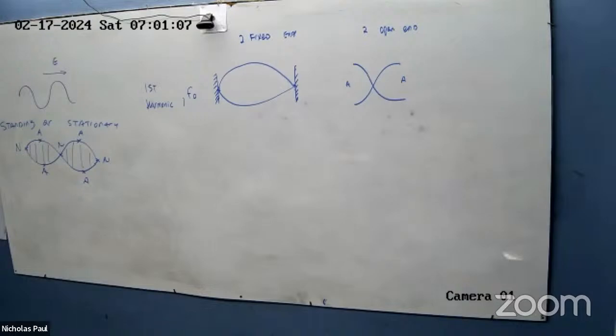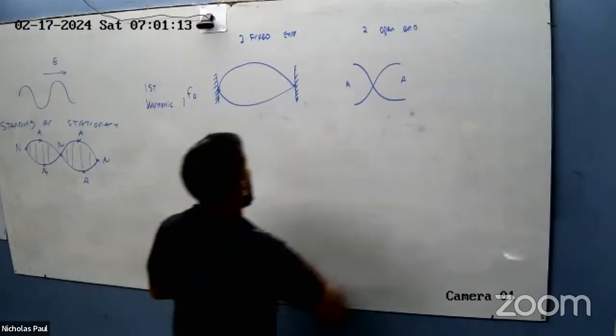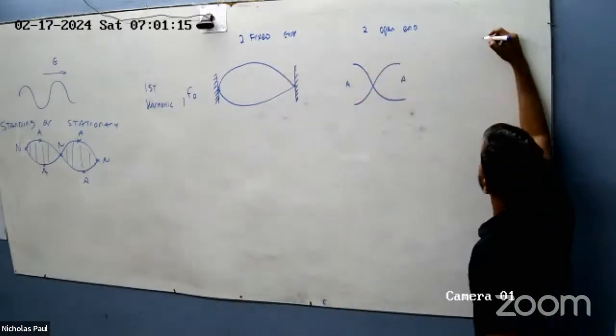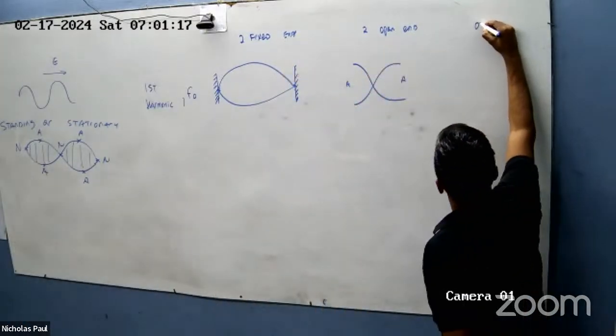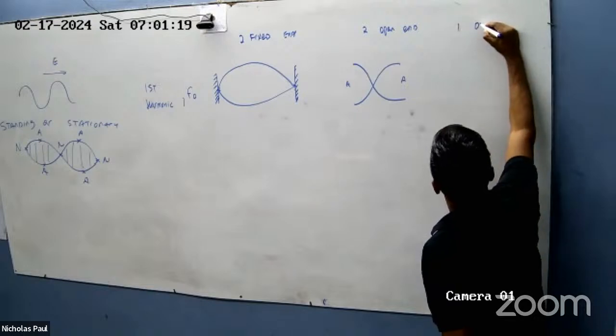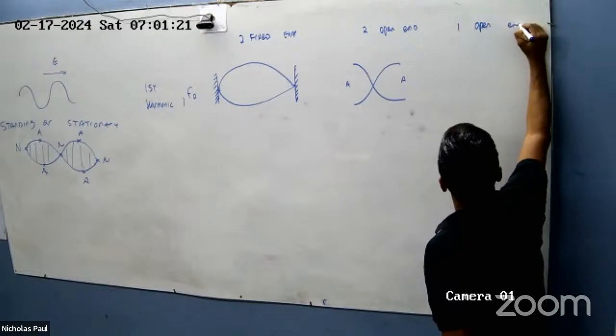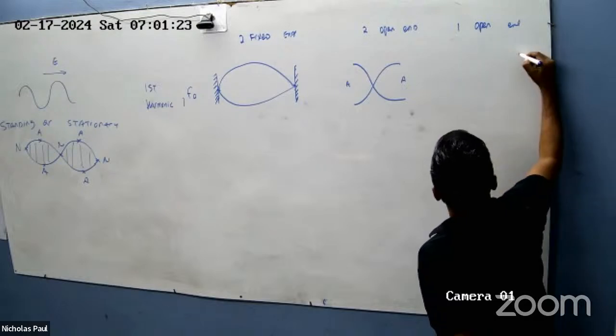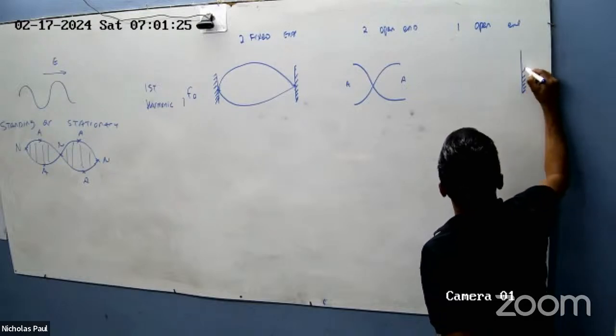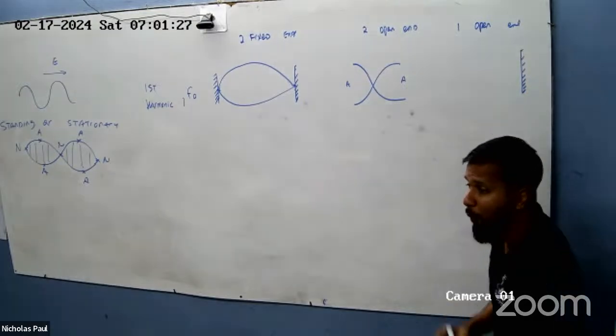Right, so we're trying to figure out what it will look like. Right, two fixed ends, two open ends, one open end, right? So one end open and one end is a wall. What will the first harmonic look like?